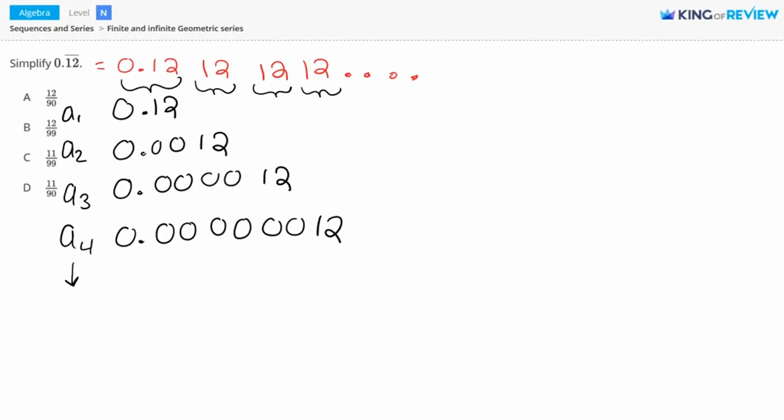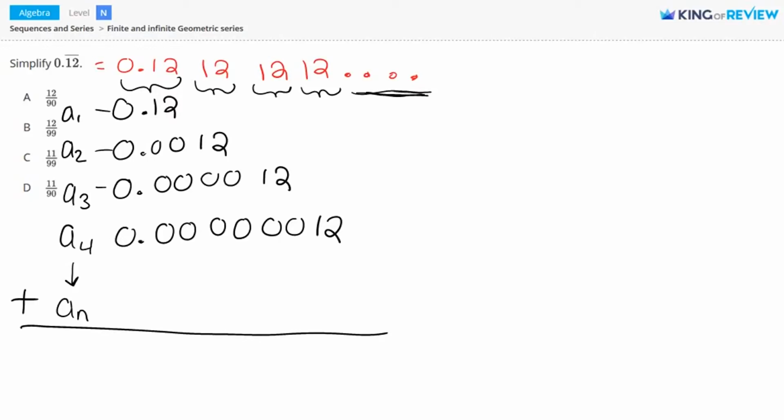And we could continue with this and keep going, which represents the infinite number of terms in this series. So if we were to add up all of these numbers, the first term, the second term, the third term, the fourth term, and keep going, this would give us the sum of this series.